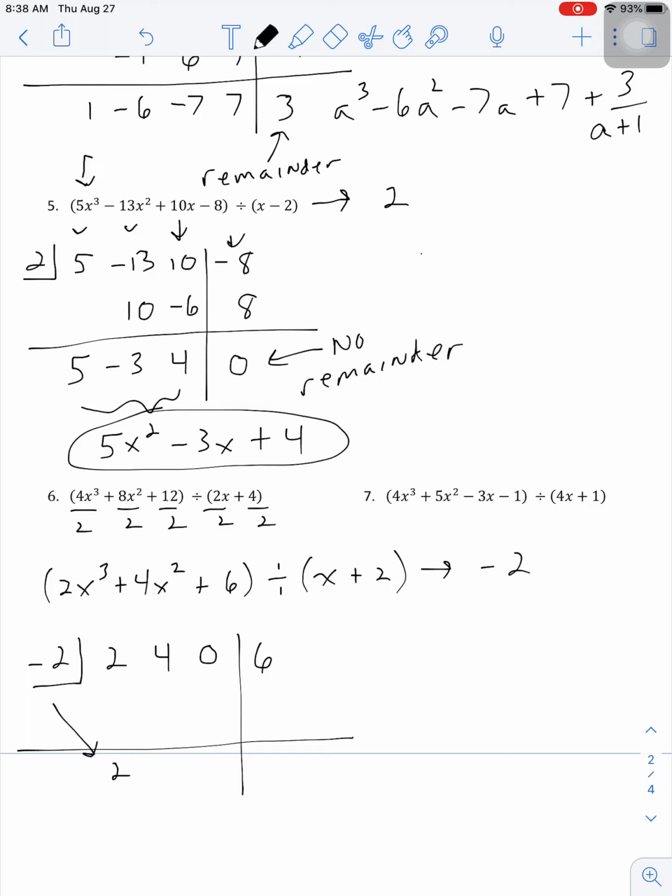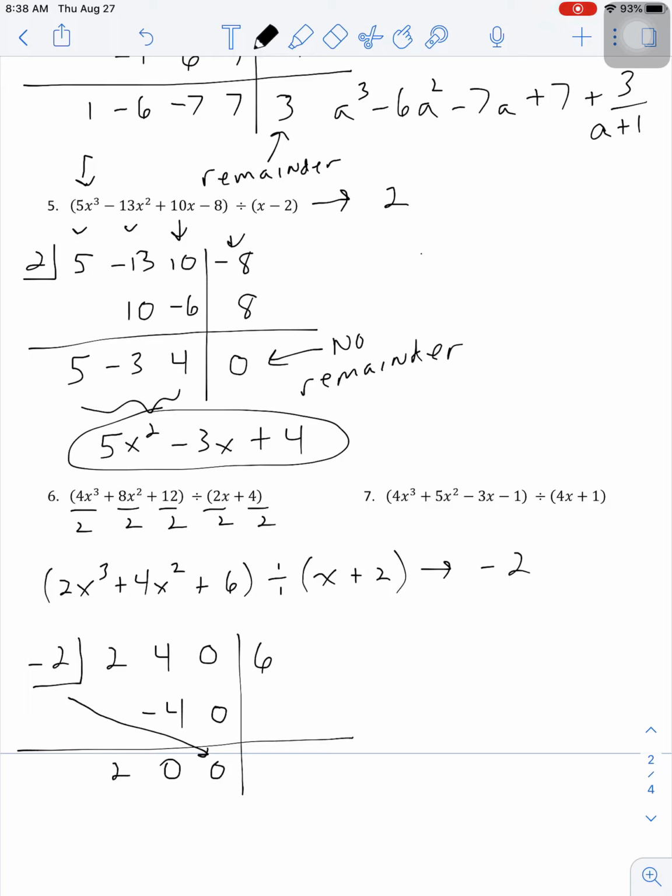So I bring down my 2, a -2 times 2 is a -4. Okay, 4 minus 4 is 0. -2 times 0 is 0. 0 plus 0 is going to give me 0.